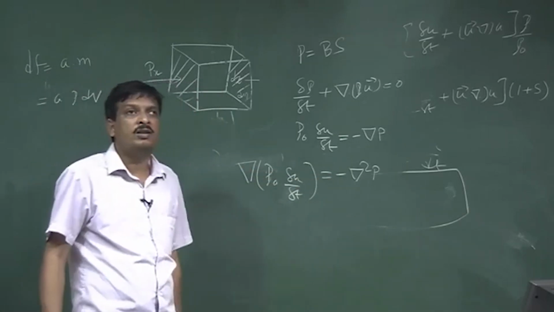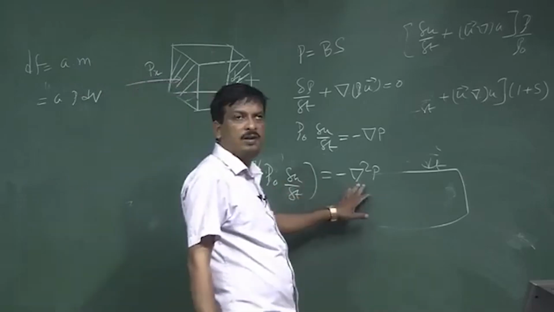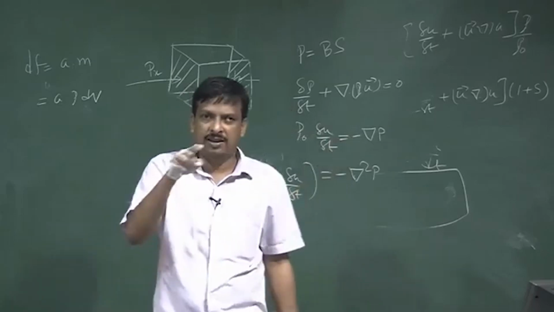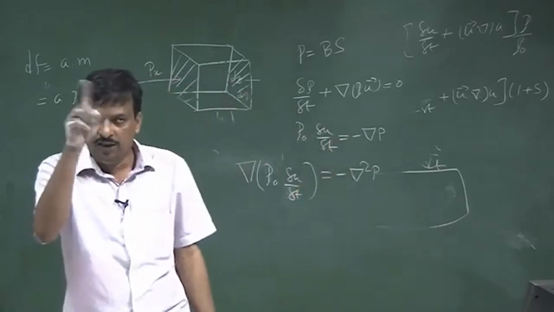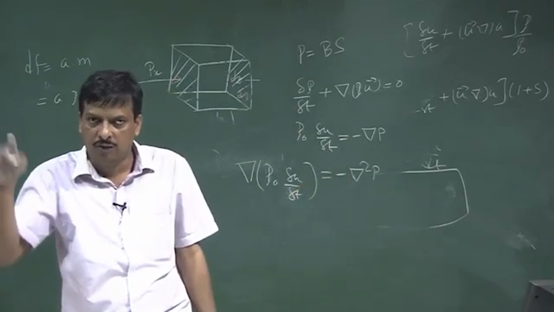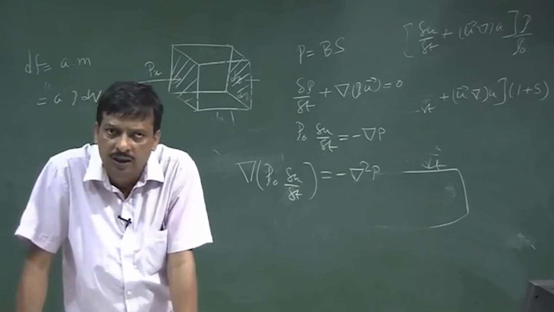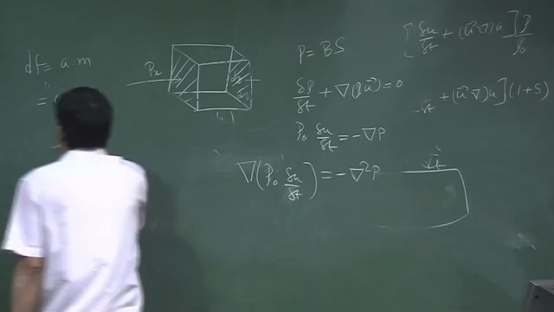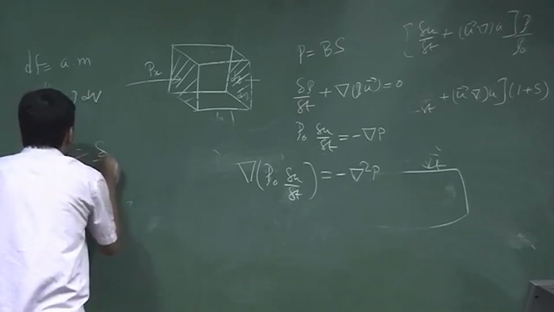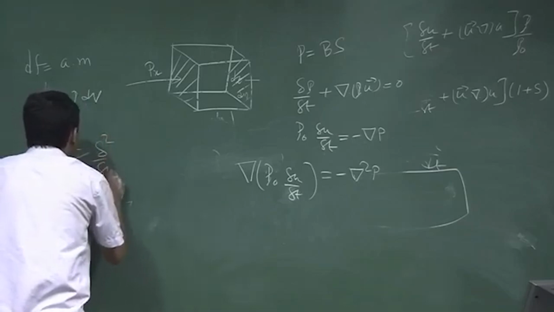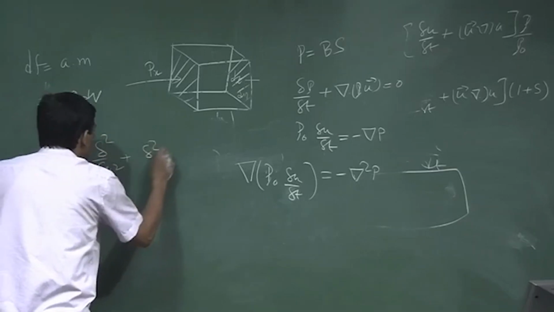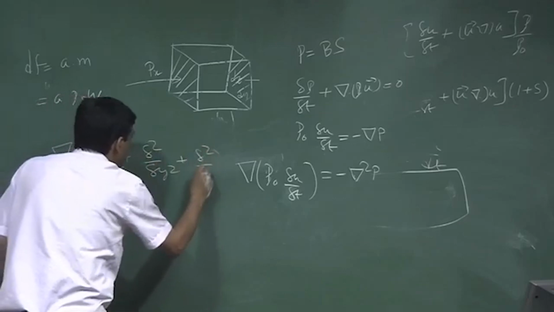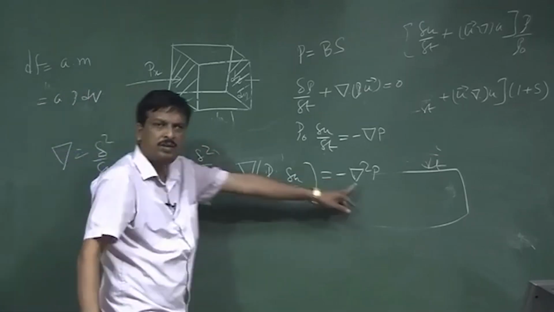Del square is called the 3-dimensional Laplacian operator. It is nothing but d square by dx square plus d square by dy square plus d square by dz square. So, that is the Laplacian operator.